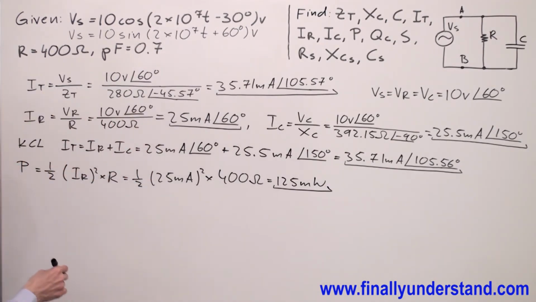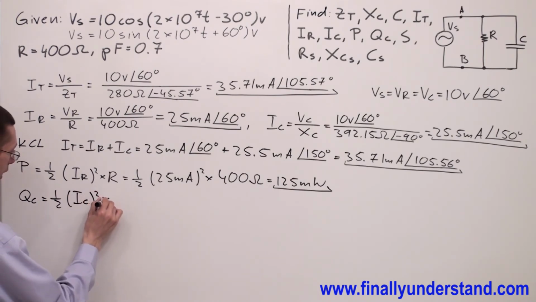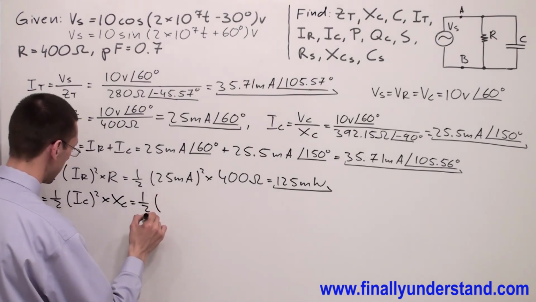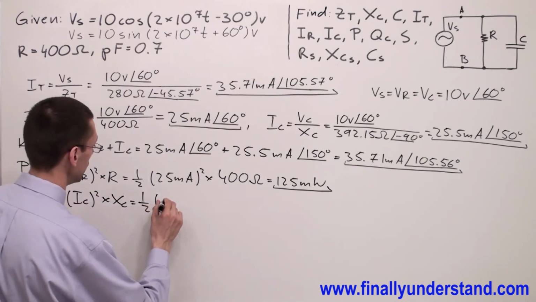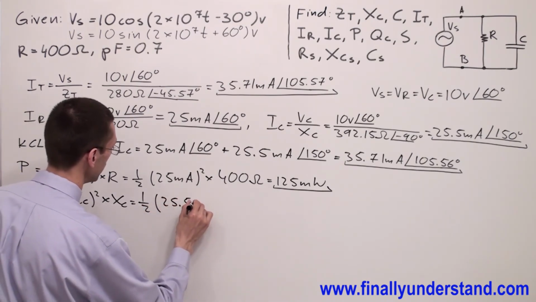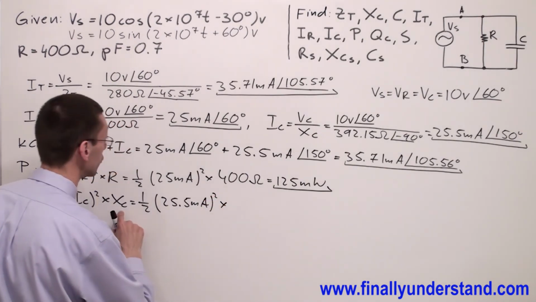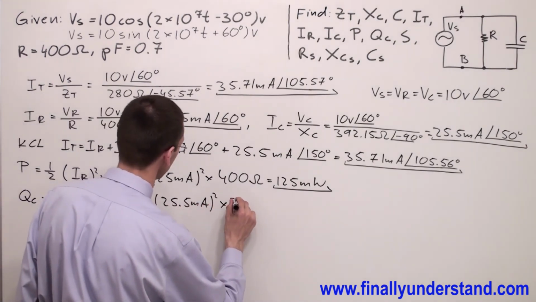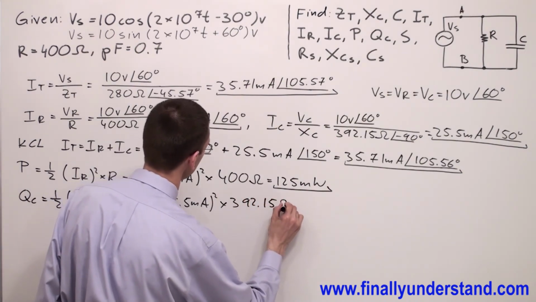Next, we're supposed to find the reactive power. QC is equal to 1/2 IC squared times XC, which is equal to 1/2 times the current which goes through the capacitor, 25.5 milliamps raised to the second power, times XC, and we found XC was equal to 392.15 ohms.